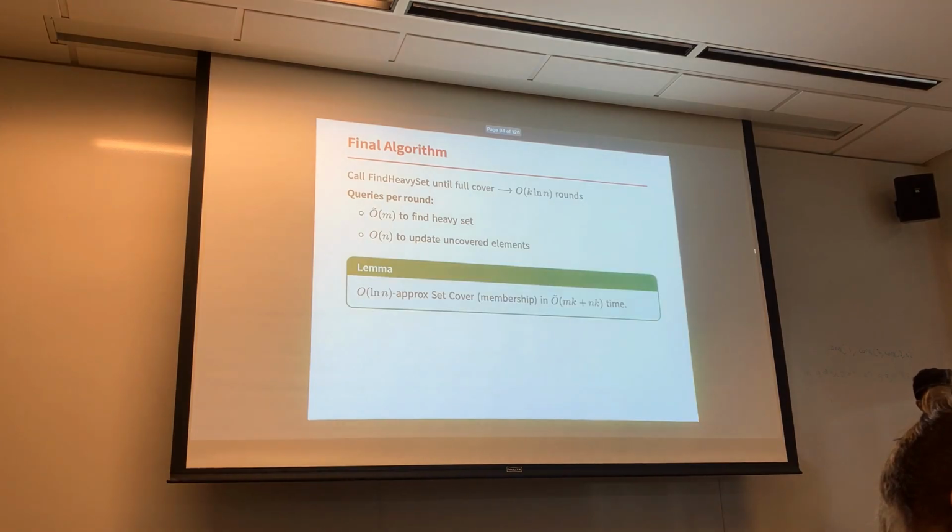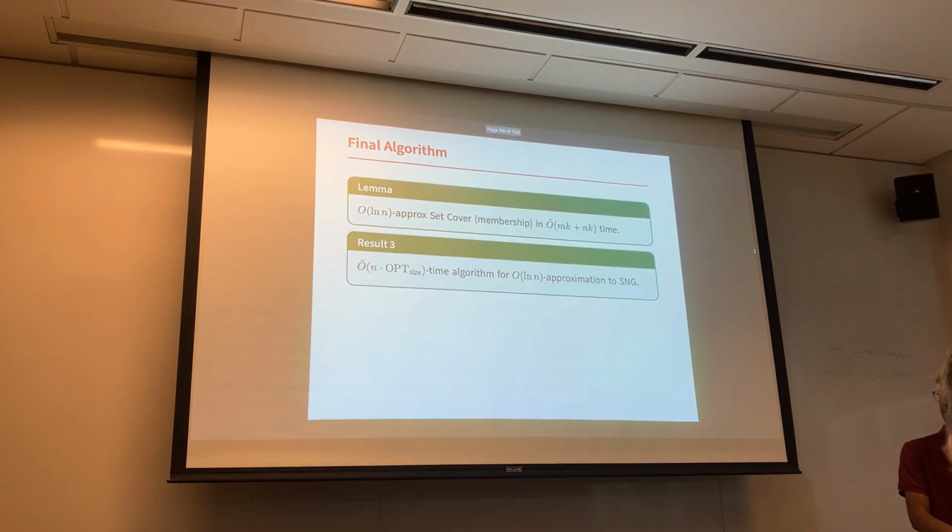So in total, we get our log n approximate set cover in nk plus nk time. And just to restate what I said before, this implies we get an n times opt size time algorithm computing a log n approximation for the sparsest navigable graph.